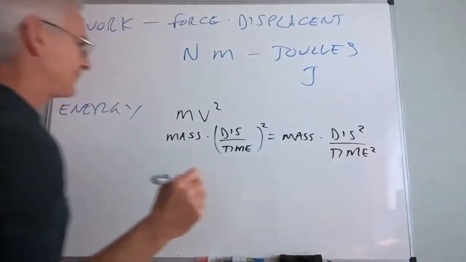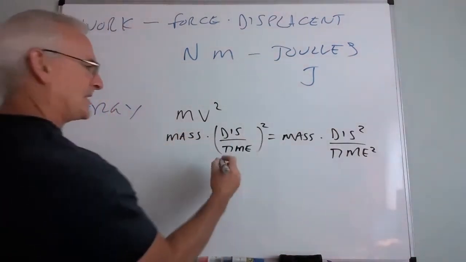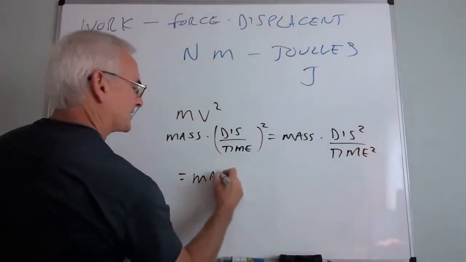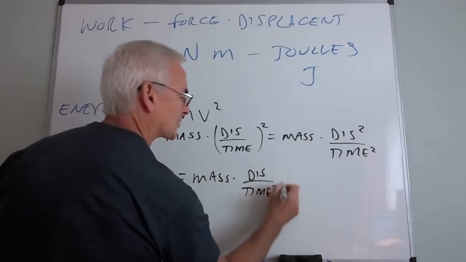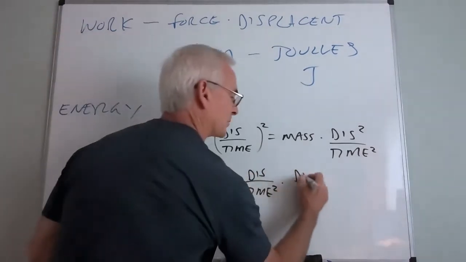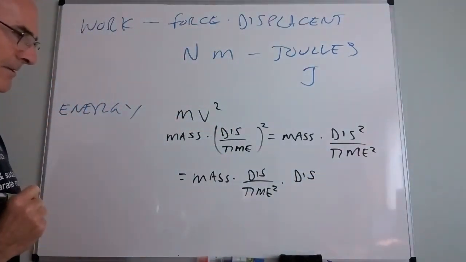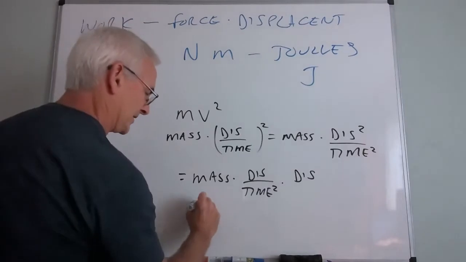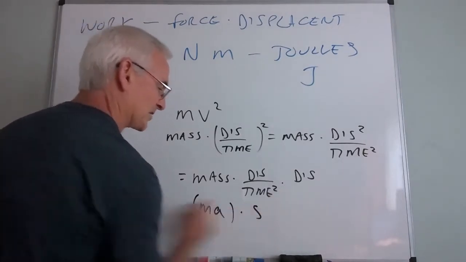Okay. Now, how does that help me? Well, what if I did mass times displacement over time squared, and I multiplied that by displacement? Would that be the same thing mathematically? But this is mass times acceleration times displacement.